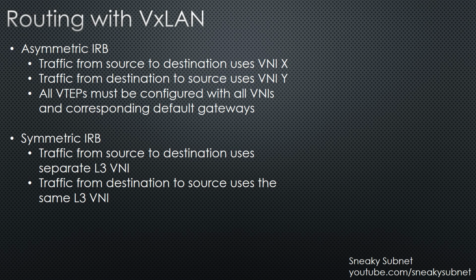So now we will discuss all these options, and as well we are going to talk about the concept of Anycast gateway. At first, let's discuss this concept of Anycast gateway, and we will talk about it using asymmetric IRB. Asymmetric IRB implies that traffic from source to destination uses VNI X and traffic from destination to source uses VNI Y, a different VNI, and it in the end implies that all VTEPs must be configured with all VNIs and corresponding default gateways.